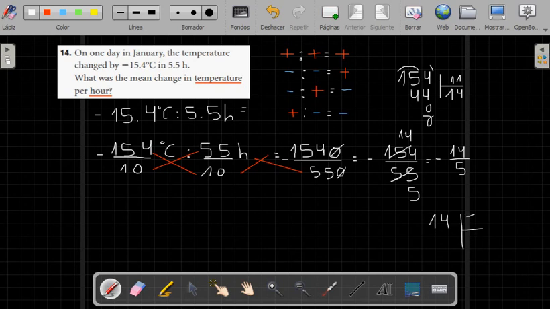I take the whole 14, tomo todo el 14, and 2 times 5 is 10. 14 minus 10, it's 4. I ran out of numbers, se me acabaron los números. Nevertheless, I can put a 0 here and a point there. And 8 times 5, it's 40. 40 minus 40 is 0, and that is the end of the division. 14/5 is the same as 2.8.